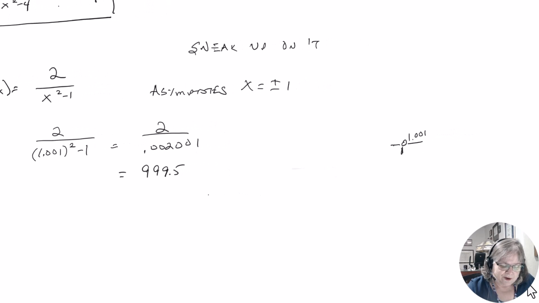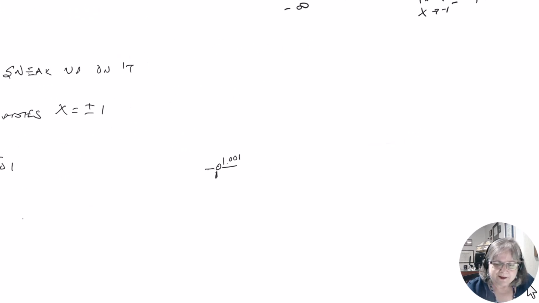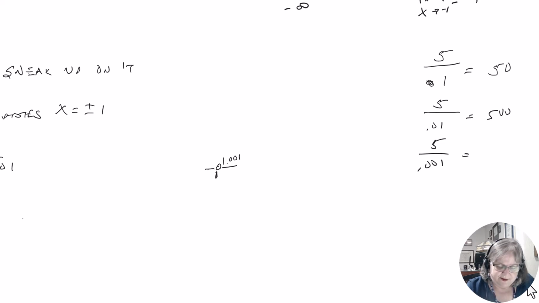So what I want to show you is just to kind of explain this a little bit. Let's take a random number, take 5, and divide it by 0.1. Okay, that's kind of small. But 5 divided by 0.1 is 50. Let's get it to be even smaller. 5 divided by 0.01 is 500. 5 divided by 0.001 is 5,000.